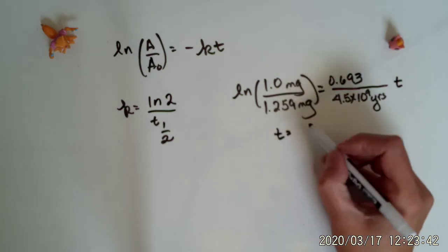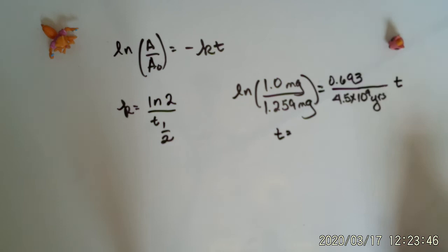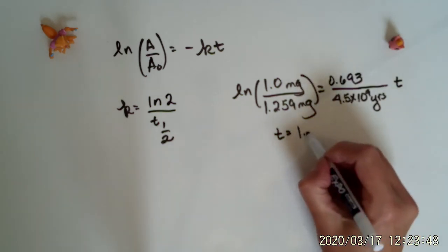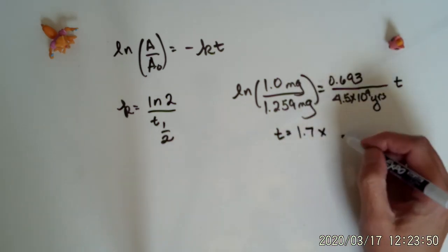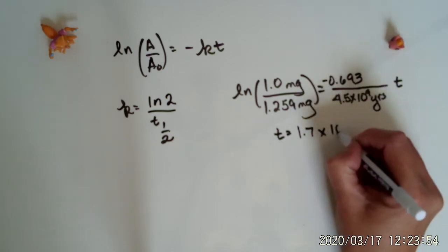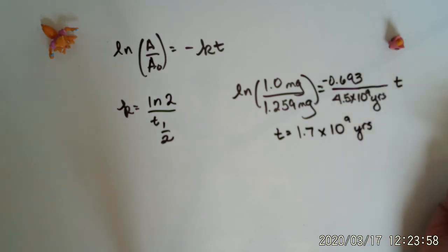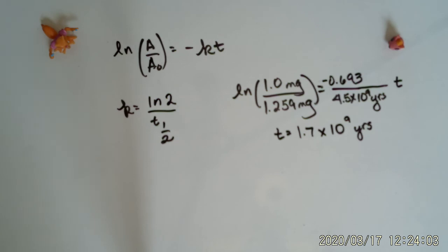So T, I'm going to calculate this out, ends up being 1.7 times 10 to the 9th years. So that's how you figure out the age from radiometric dating of any object, even if it's not a specific whole number of half-lives.